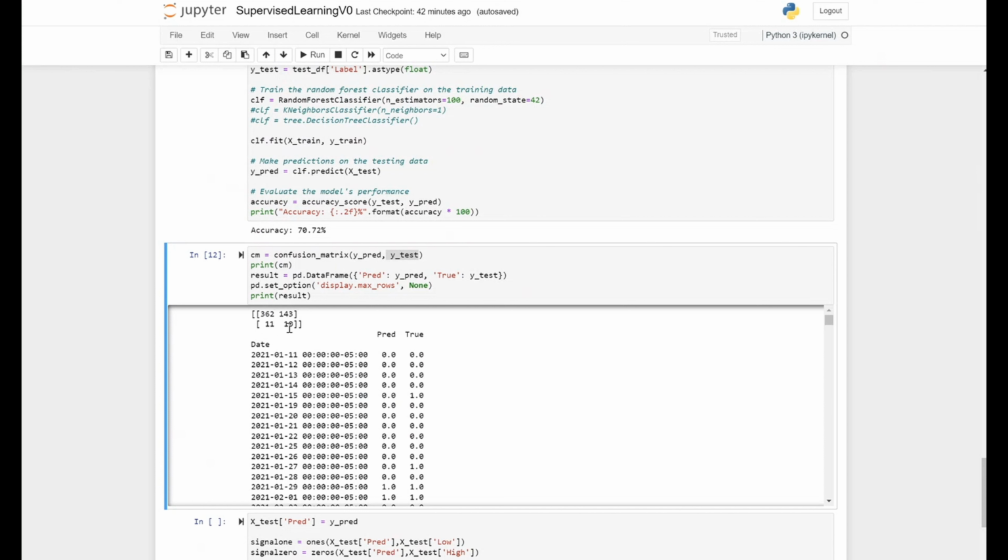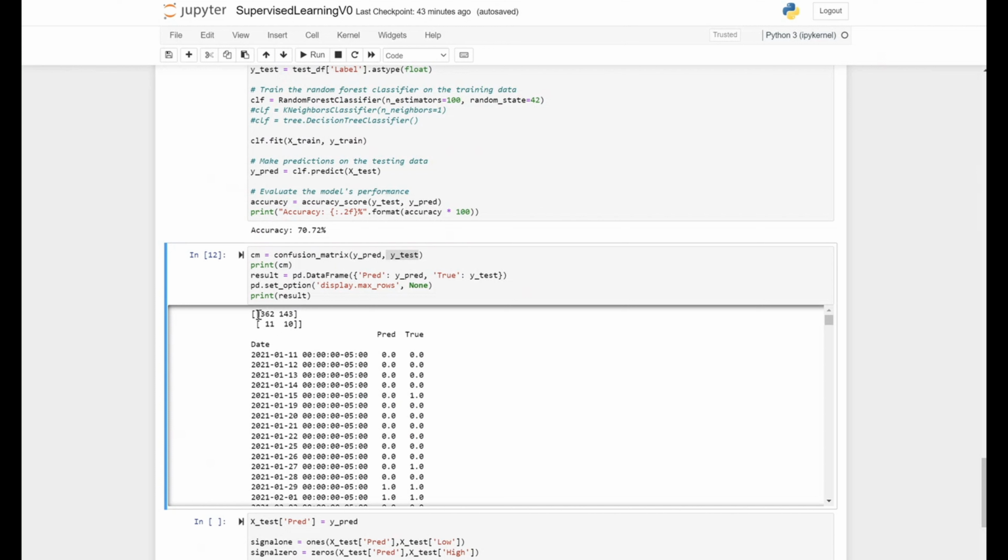The second column represents those testing records with label value 1. So those are real 1s. So in short, the first row represents what the model predicted as 0, the second row represents what the model predicted as 1, the first column represents real 0, and the second column represents real 1.